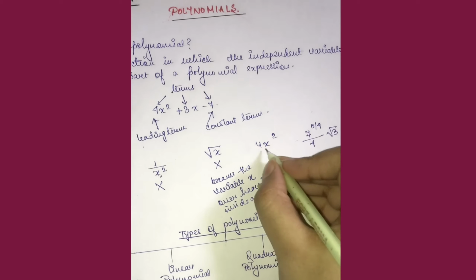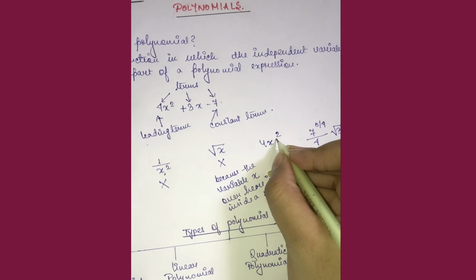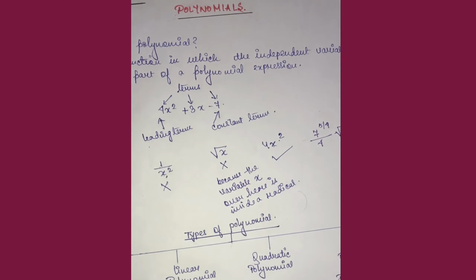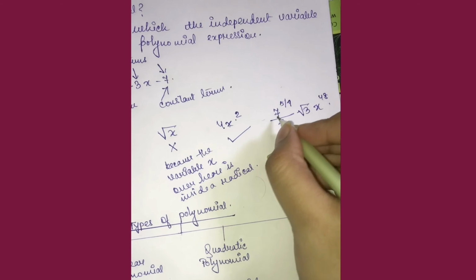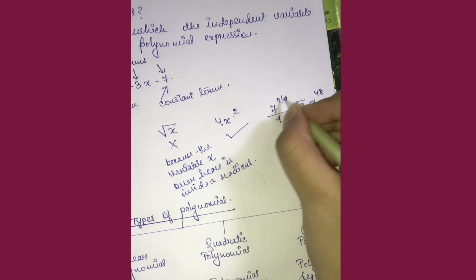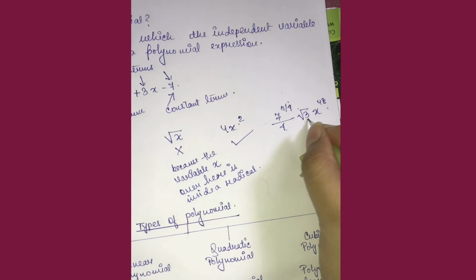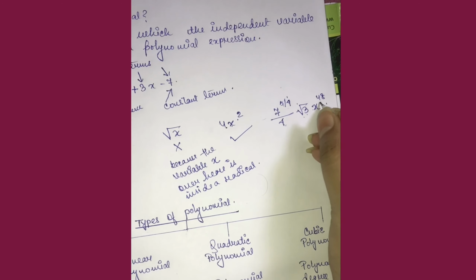Now the next term, that is 4x square. Yes, it obeys all the rules, so it is a polynomial. And the last one is 7 to the power 5 by 4 divided by 4 root 3 into x to the power 48.